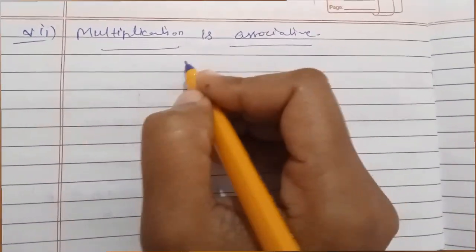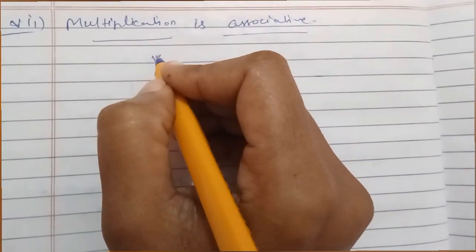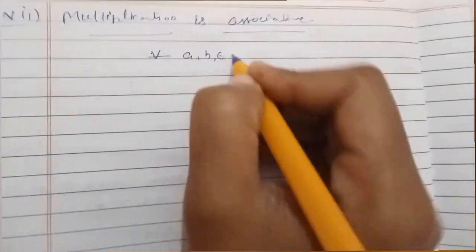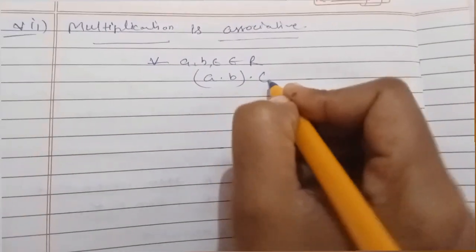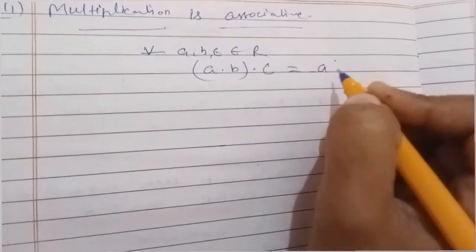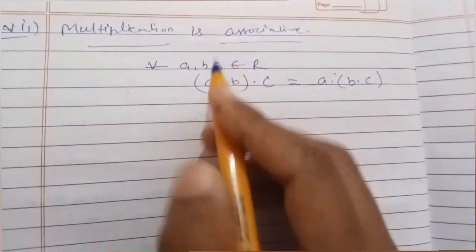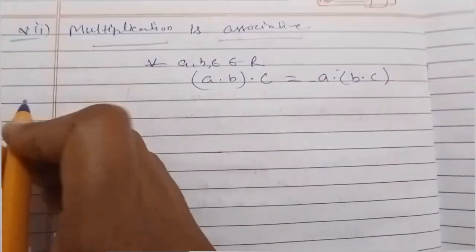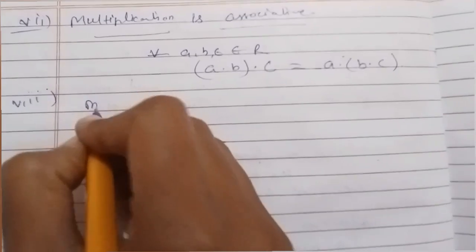For all A, B, C belonging to R, (A dot B) dot C is equal to A dot (B dot C). So this property is associativity of multiplication.